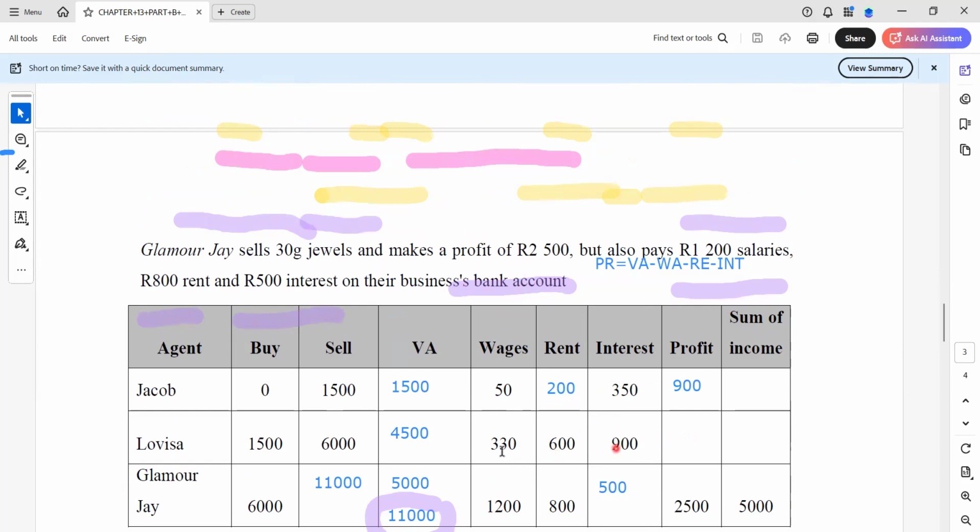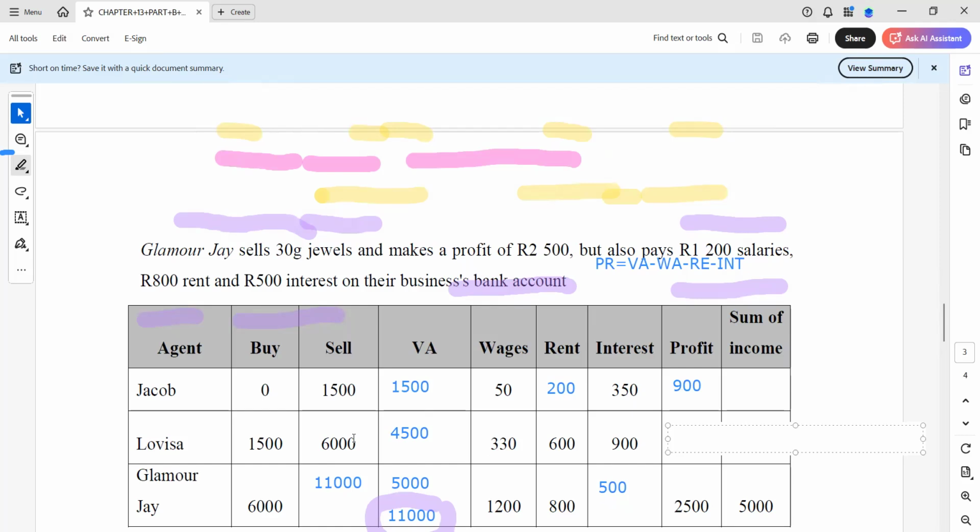So to get the profit, you're going to say the value added minus wages, minus rent, minus interest, right? Remember, guys, why we're doing this? The value added: remember, Lovisa bought these goods for 1,500, and he sold them for 6,000.